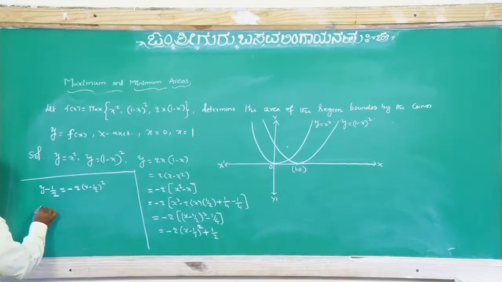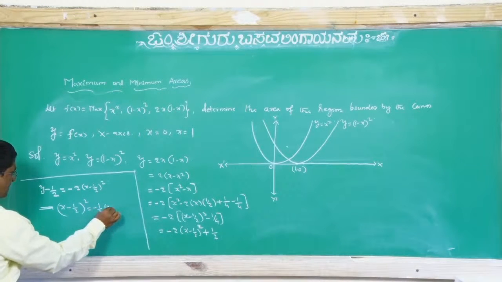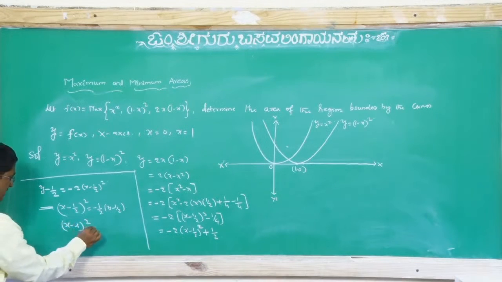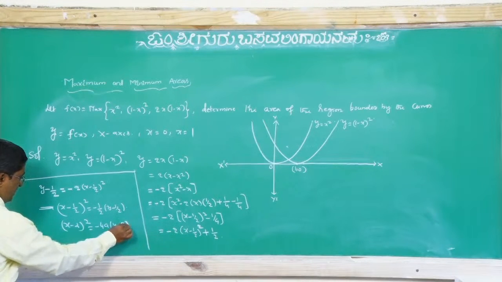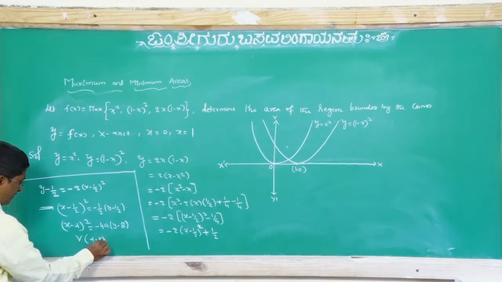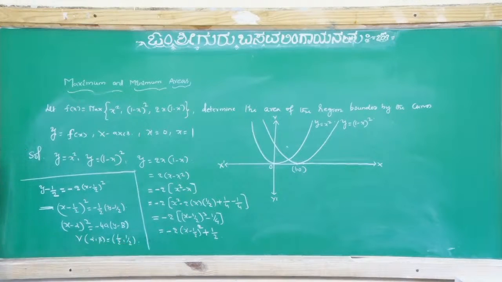So this looks like (x minus 1 by 2) whole square is equal to minus 1 by 2 into (y minus half), which is in the form of (x minus alpha) whole square is equal to minus 4a into (y minus beta). Therefore, the vertex V is equal to (alpha, beta), nothing but 1 by 2 comma 1 by 2. That is the vertex of the parabola.